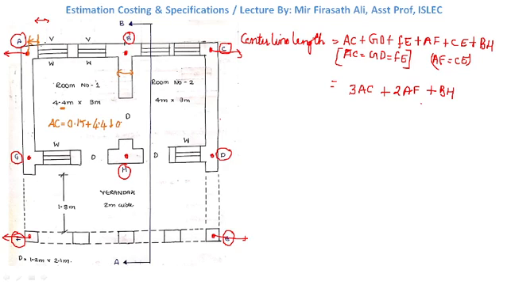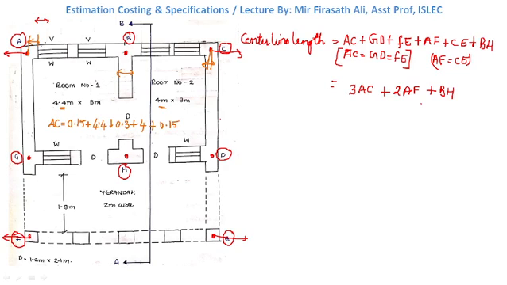In the middle we have this length, how much? 0.3, plus again this inner to inner length is 4 meters, plus again this half the thickness of the wall.